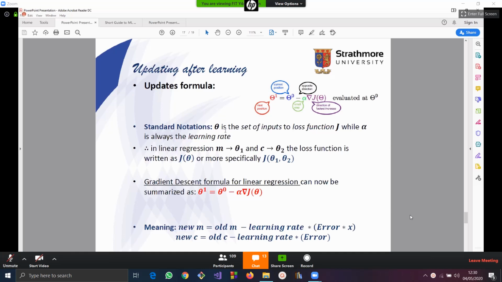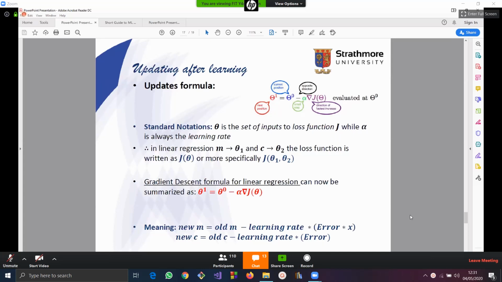And remember, alpha is the learning rate. We already know that. So we have two members in this set of theta. The first one, theta 1, is actually M, and theta 2 is C. Okay, it's just that notation, nothing to get scared of.